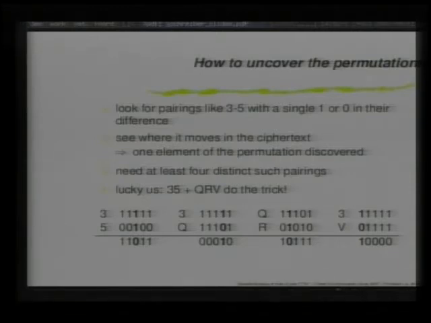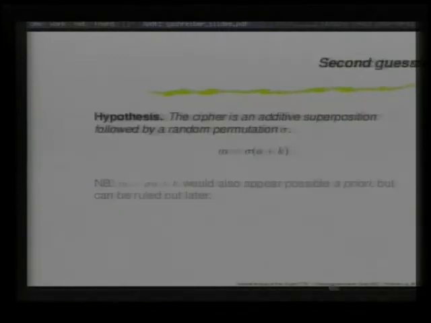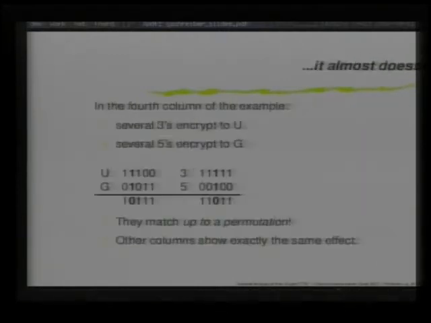Because then you can look at the difference between the ciphertext and the assumed plaintext and see where the characteristic bit has moved.